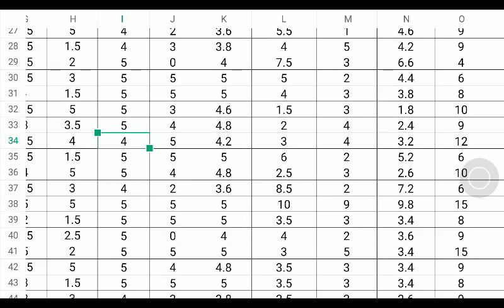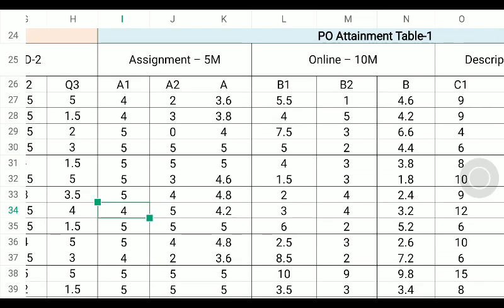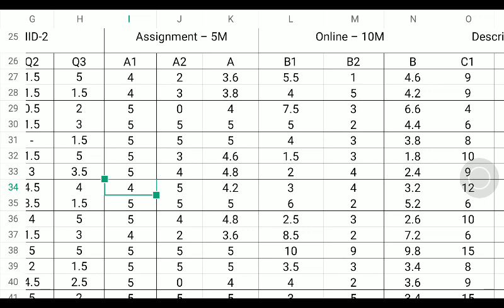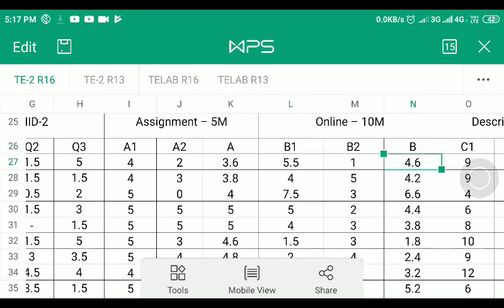We can't say directly that if it is 80 it will be more, and if it is 20 it will be less. So based on the total marks, A plus B plus C into X, which is best marks. From those marks only we have to take A1, B1, C1, and then post them in these columns.